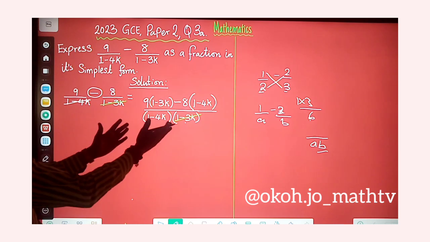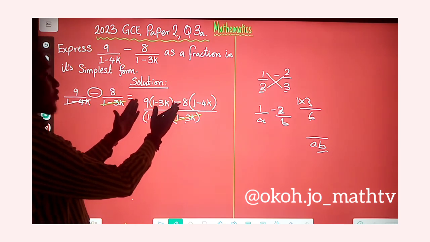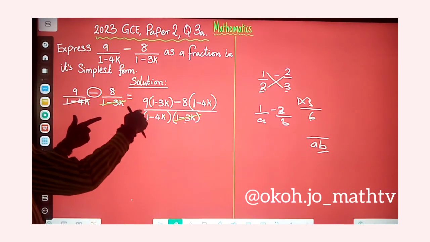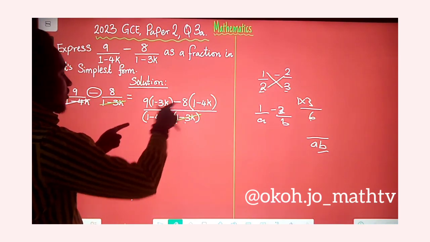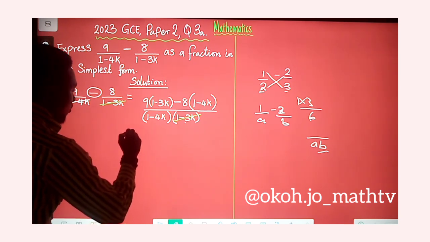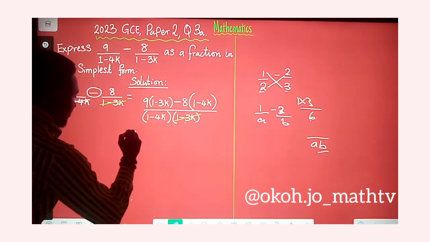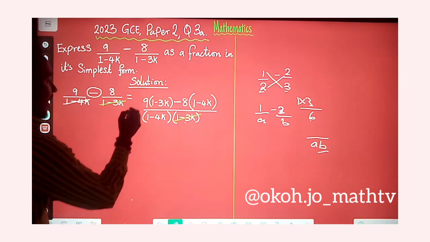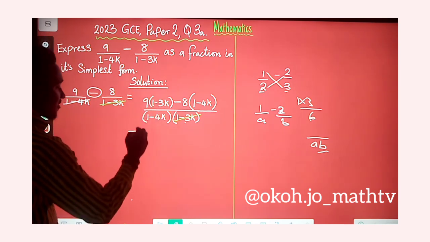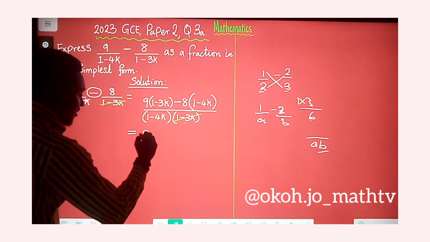So we've gotten the LCM and we've established the cross multiplication for the numerator properly. At this point we should expand the brackets. 9 times 1 will obviously give us 9.